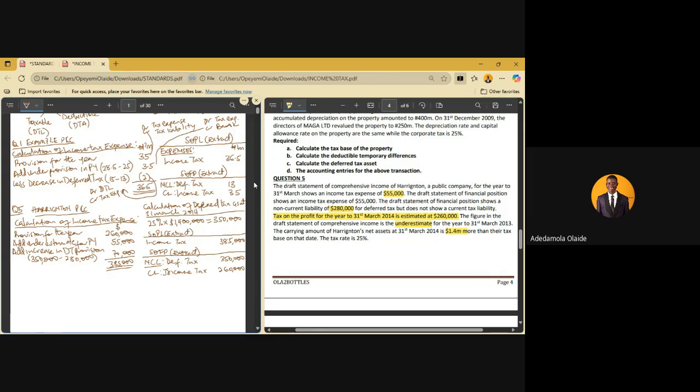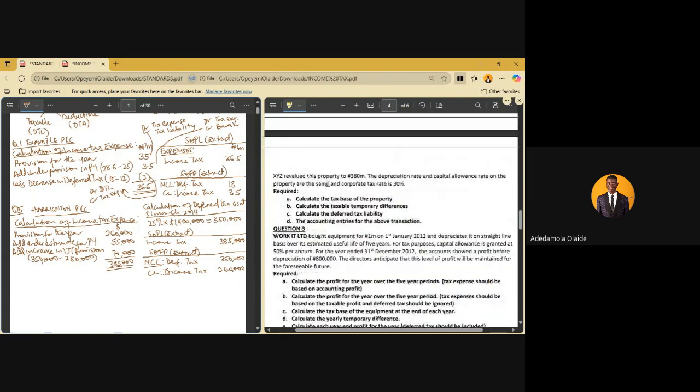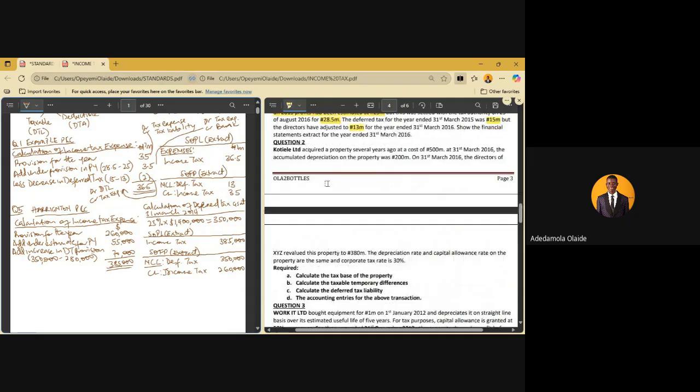Okay, so we go straight to question 2. We have Kotiele Limited. Kotiele Limited acquired the property several years ago at the cost of 500 million. At 31 March 2016, the accumulated depreciation on the property was 200 million. On 31st March 2016, the directors revalued the property to 380 million.